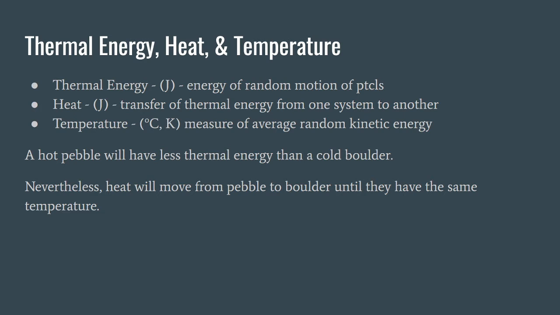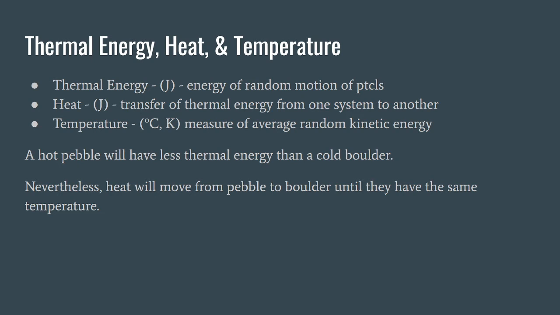So thermal energy is the total energy of that random motion. Temperature is the average. Heat is the transfer. So a very small, very hot pebble will have a higher temperature than a big cold boulder, okay? Because the particles of the pebble are just moving faster on average.